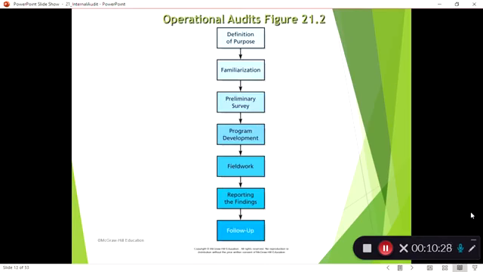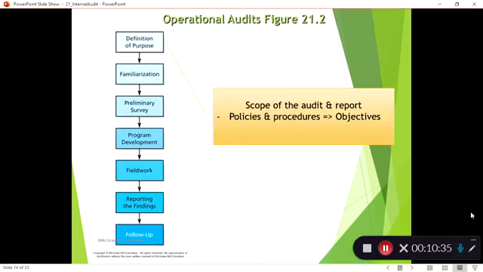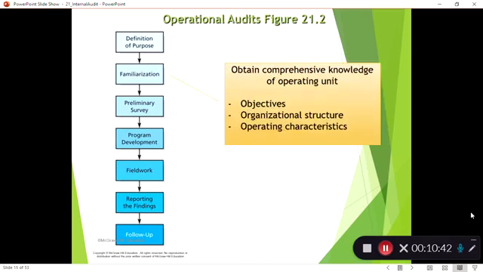So this is the layout of an operational audit in terms of the steps. The definition and purpose is essentially the scope of the audit. What are we trying to evaluate? There's a familiarization stage where we're trying to obtain knowledge of the firm. You might look at the objectives of the unit, how it's structured in terms of the hierarchy, and then how does it operate, who are its major suppliers or customers.